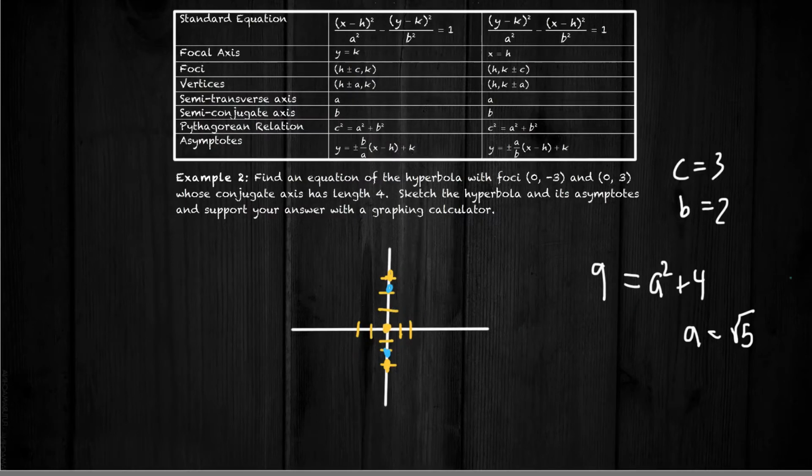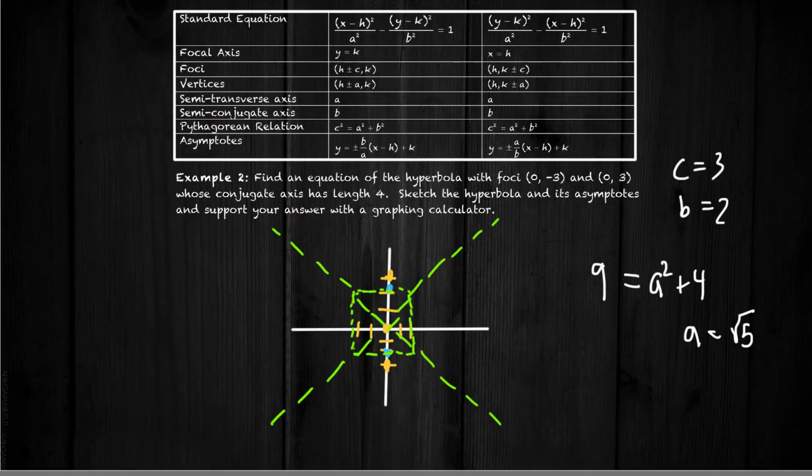So now we can draw our box, which is going to go around our vertices. So basically that's going to be our transverse axis. This is our conjugate axis. And now we're going to draw some nice lines that go through the corners of the box, and we're going to go through the center.